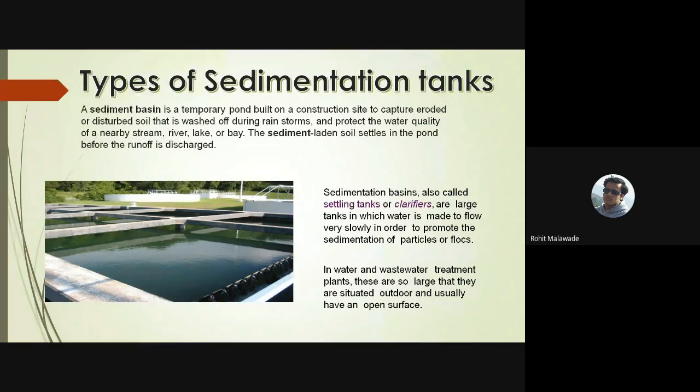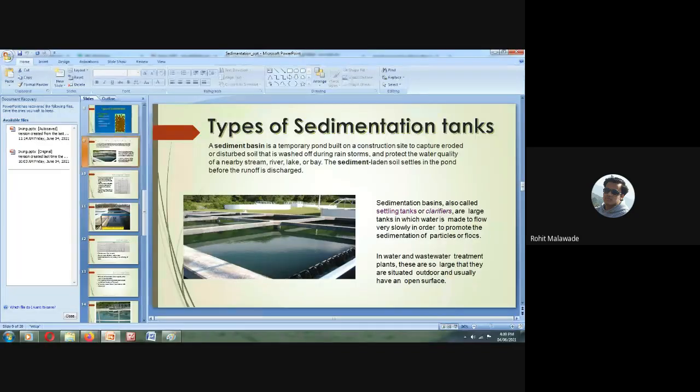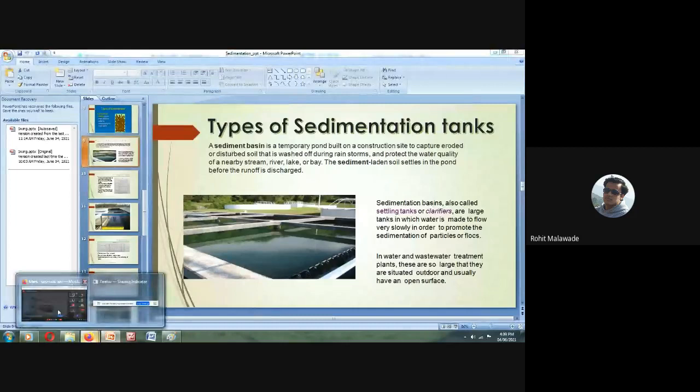We will first see how the sedimentation tank is classified according to the flow.